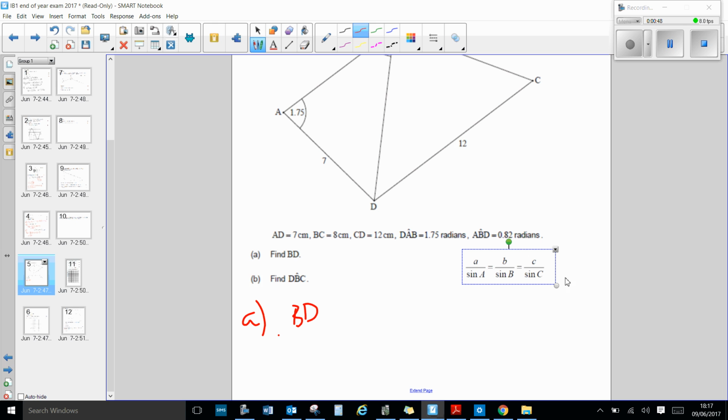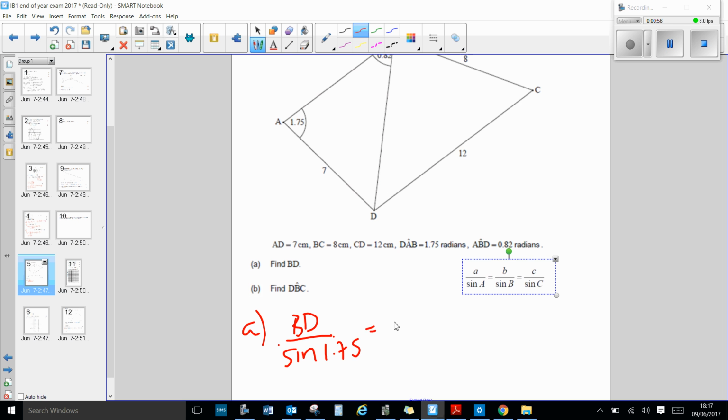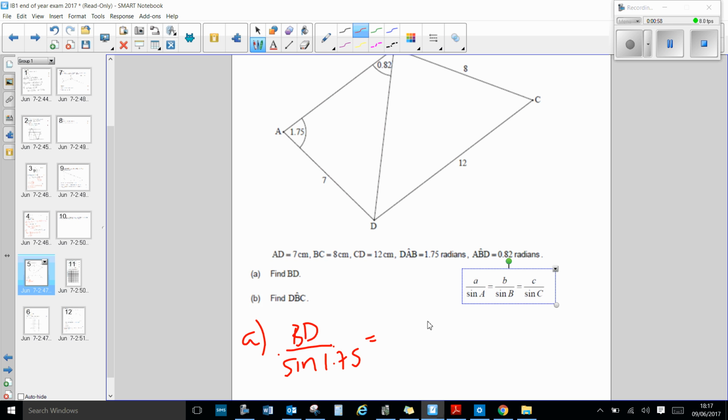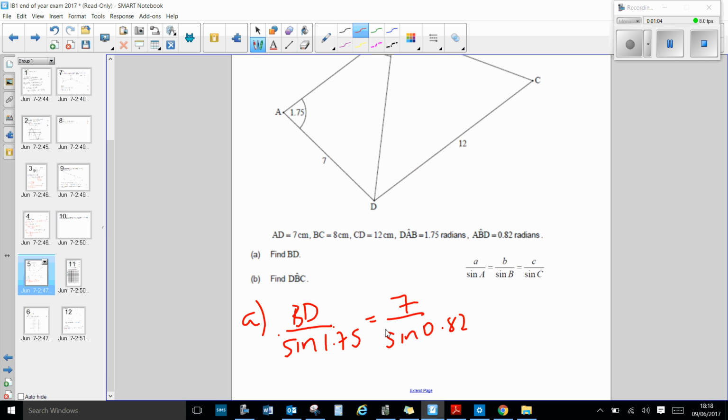So BD over sine of the angle opposite it, which is 1.75, is going to be equal to the length we've been given, 7 over sine 0.82. So BD is going to be 7 over sine 0.82 multiplied by sine 1.75.